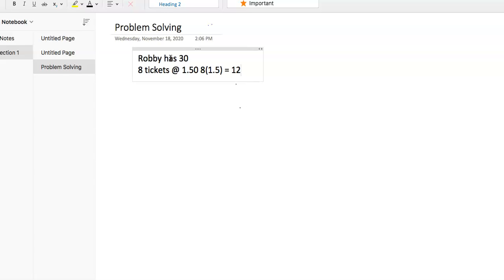On tickets he spends 12, and then the hamburger and a Coke total $6.50.